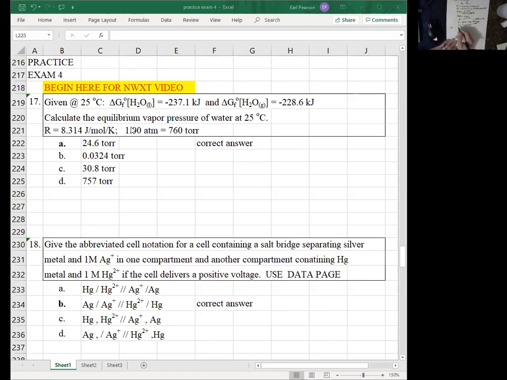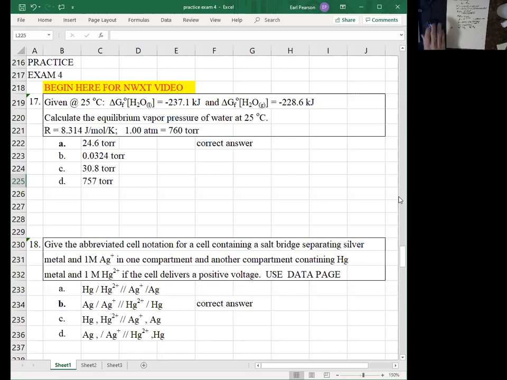So I'm going to look at the data page here. I'm going to write them both in reduction now. We've got Hg 2 plus and Hg. That's one reduction. The other one is Ag plus reduced to Ag metal.